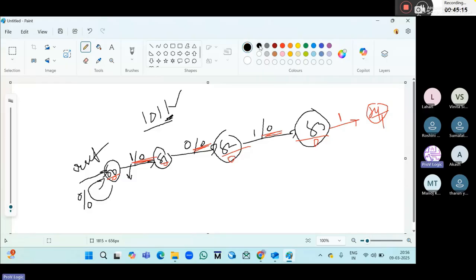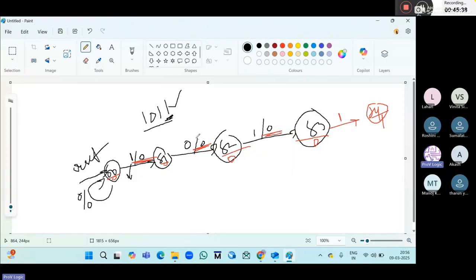Okay, so Mealy is dependent on both the present state and also the input. Every state will pass 0 and 1. So S0 will pass 0 and 1. 0 is stored internally in this state, 1 is passing to S1.